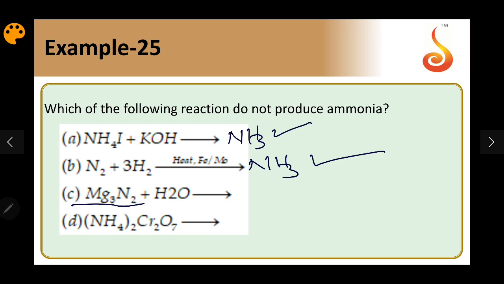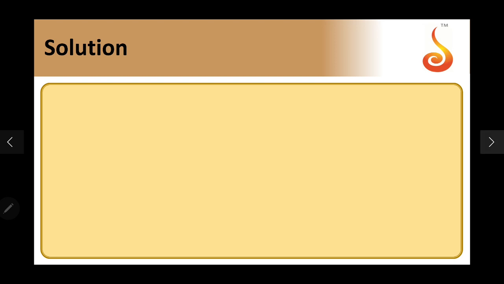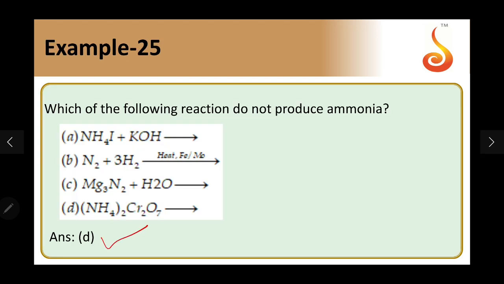Nitride Mg3N2 has N3 minus, which takes a proton, so this will also give ammonia. But ammonium dichromate on heating gives only N2, not ammonia. So D is the answer for the given question. Answer is D.